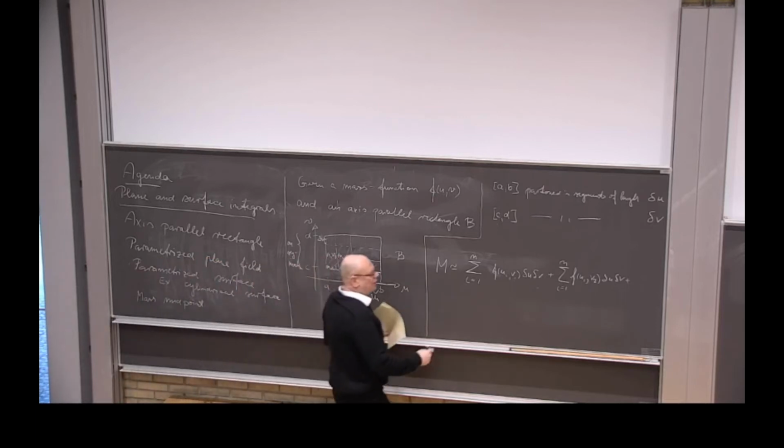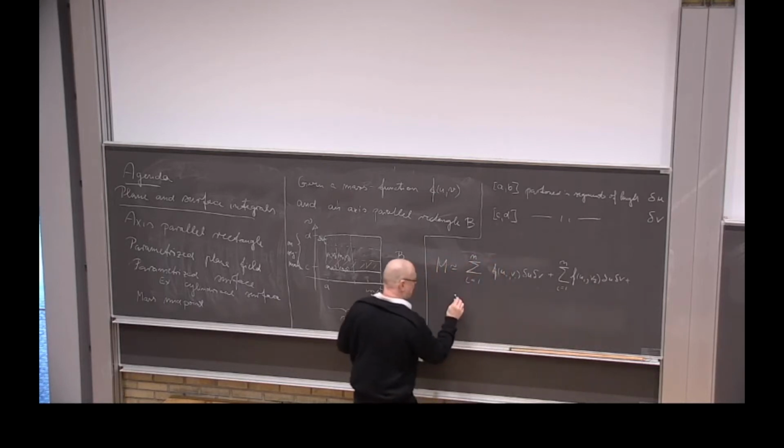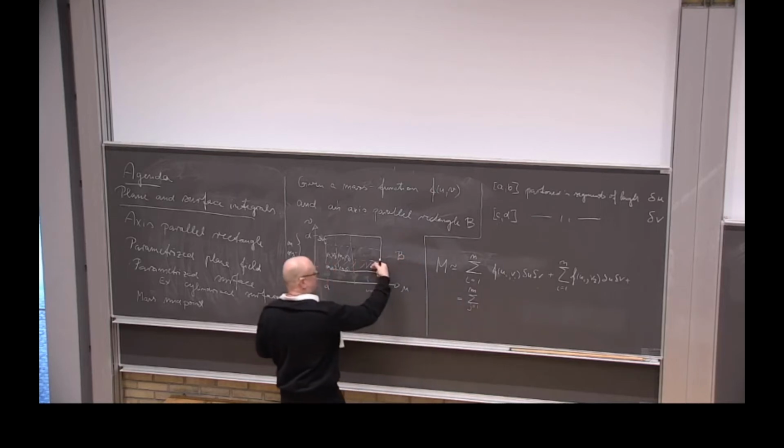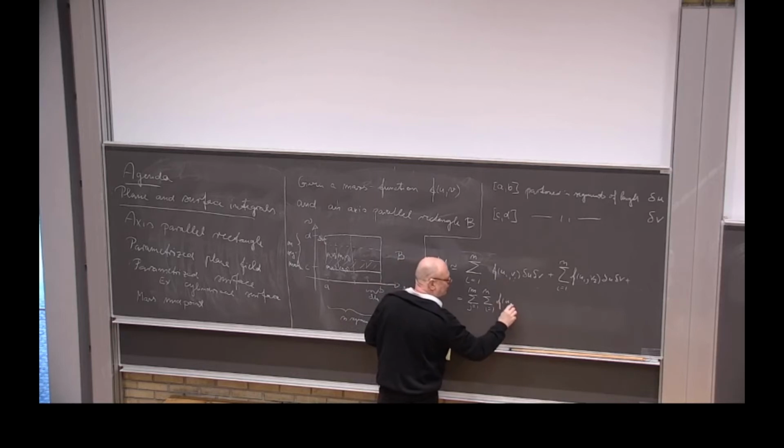Now, you see, I could then write this as a double sum, because I'm summing over all the v's here. So that will be j equal to 1 to m. You have m strips here. And then i equals, and then delta u, delta v.